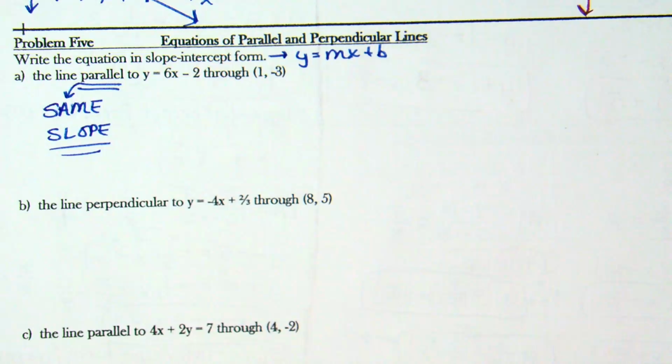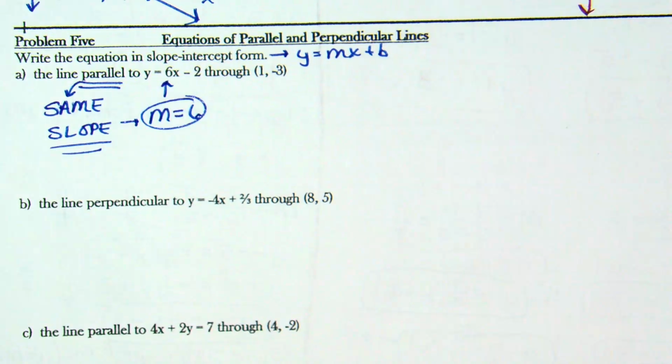What else am I given? A point. A point, (1, -3), those are x and y values. What form did I have you starting off with on the front that then led us down into slope-intercept? Point slope.